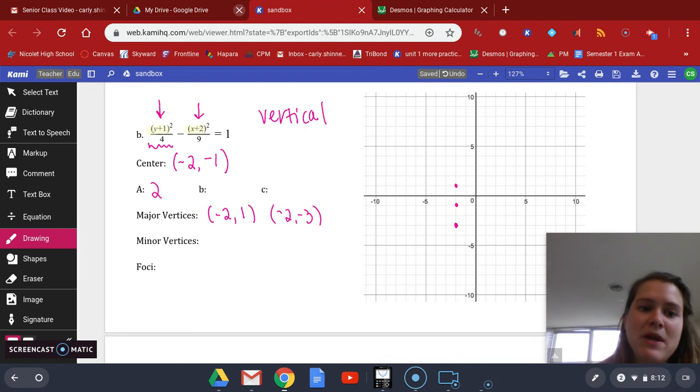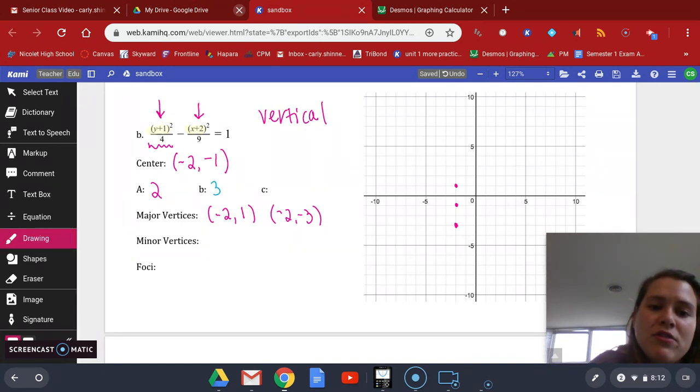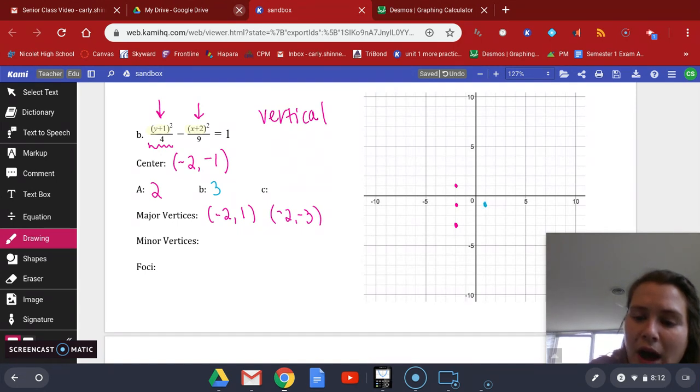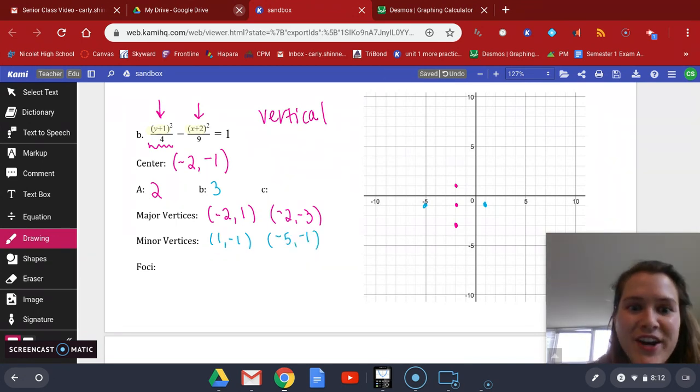Okay, so those are my major vertices. Now let's get my minors. My B is going to be 3. So I go out 3 horizontally. So there we go. So that's going to be 1, -1, and -5, -1, it looks like from my calculations here. Alrighty, so let's get graphing here.